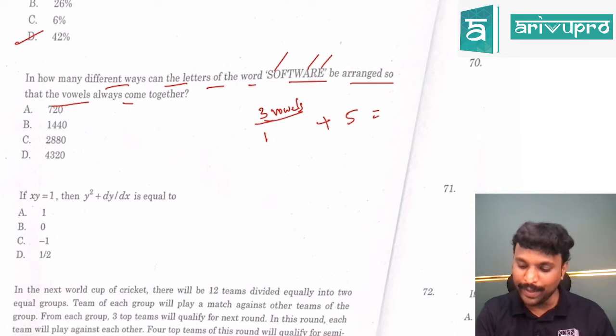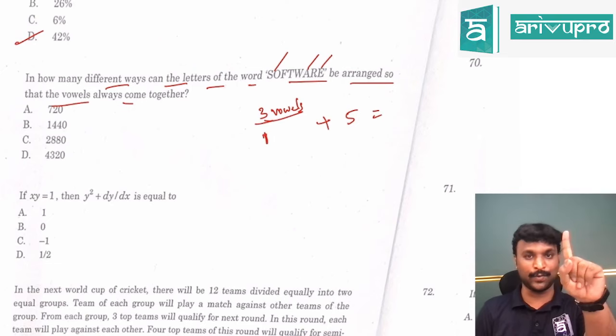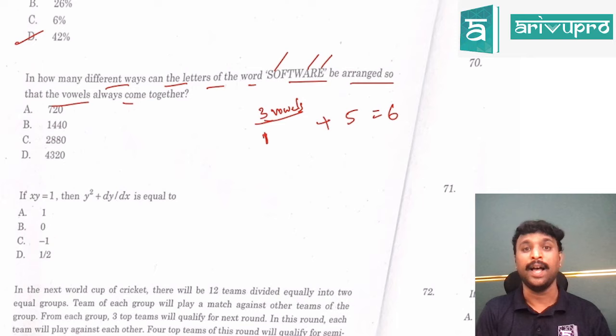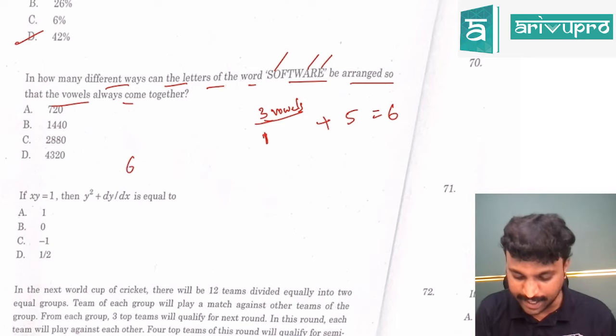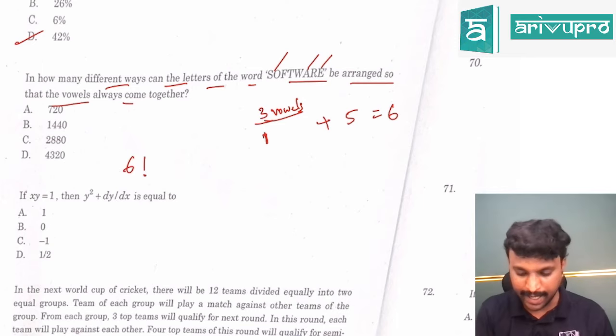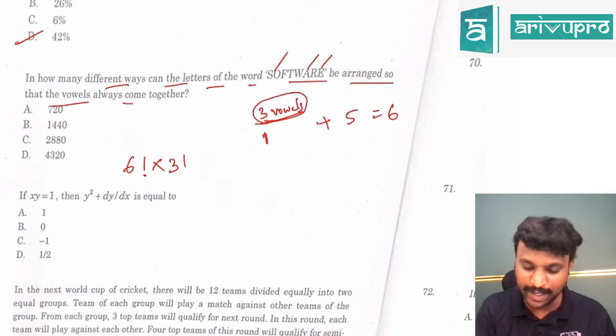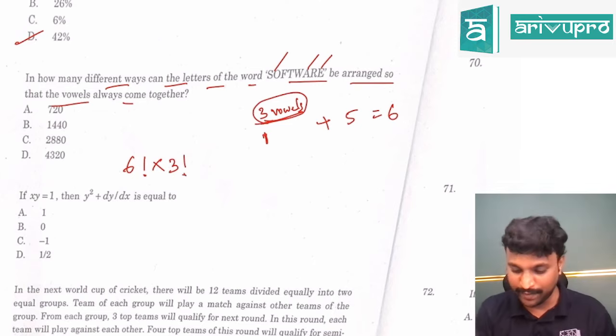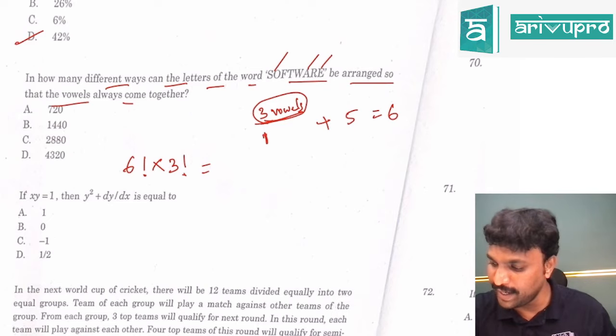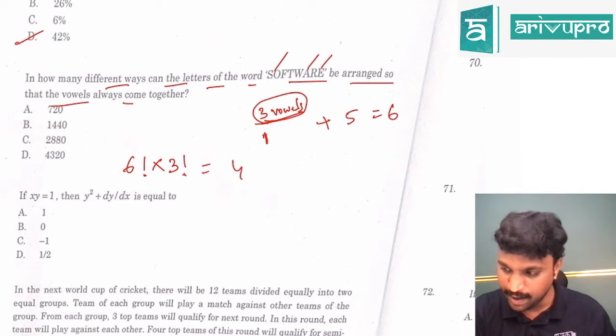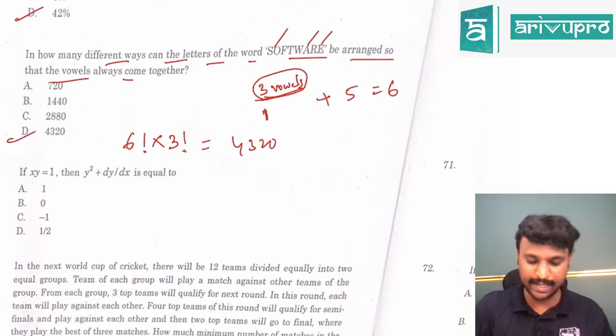So literally how many letters are there? 3 vowels taken as one single thing, 1 plus 5 is 6. How many ways can you arrange 6 things? 6 factorial ways. And the 3 vowels can be reshuffled amongst themselves. Still they'll be together in how many ways? 3 factorial ways. Guys, 6 factorial is 720 and 3 factorial is 6. The answer is 4320. Option D is the answer.